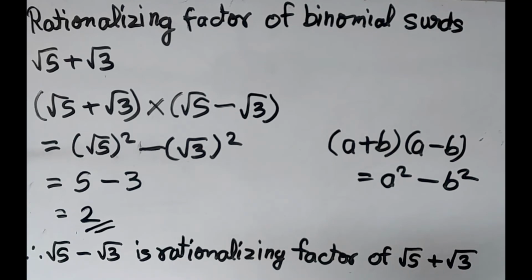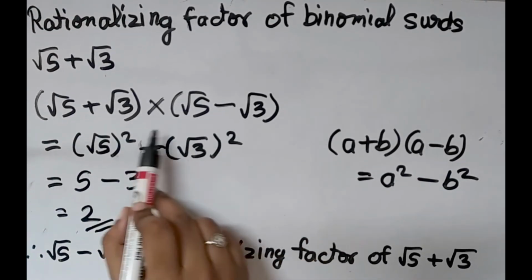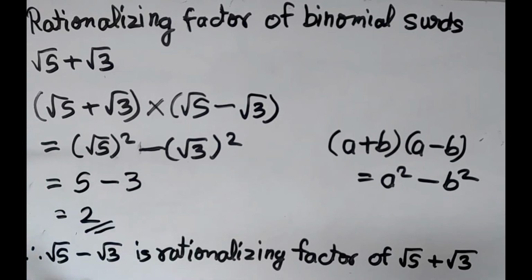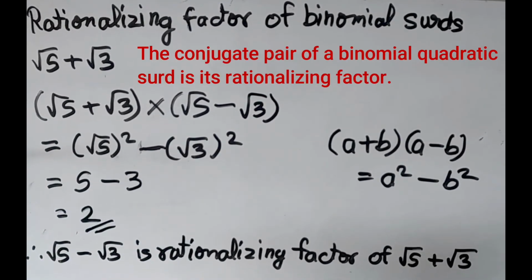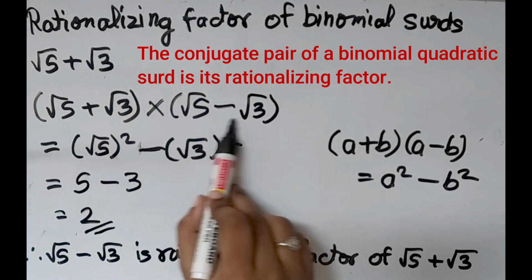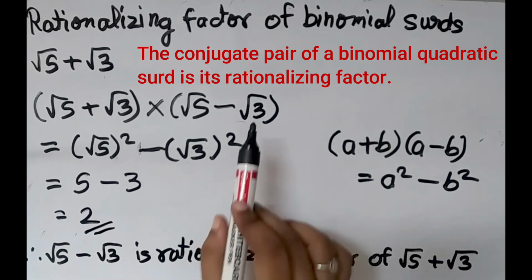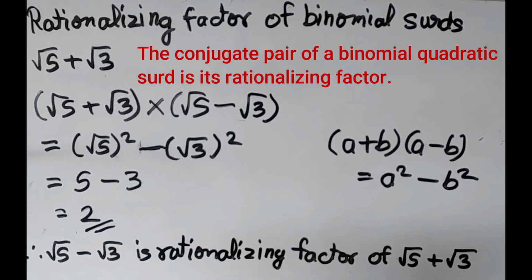Remember, the product of conjugate pair of surds is always a rational number. This means the conjugate pair of a surd is a rationalizing factor of the surd. So when we multiply a binomial surd with its conjugate pair, we will get a rational number.